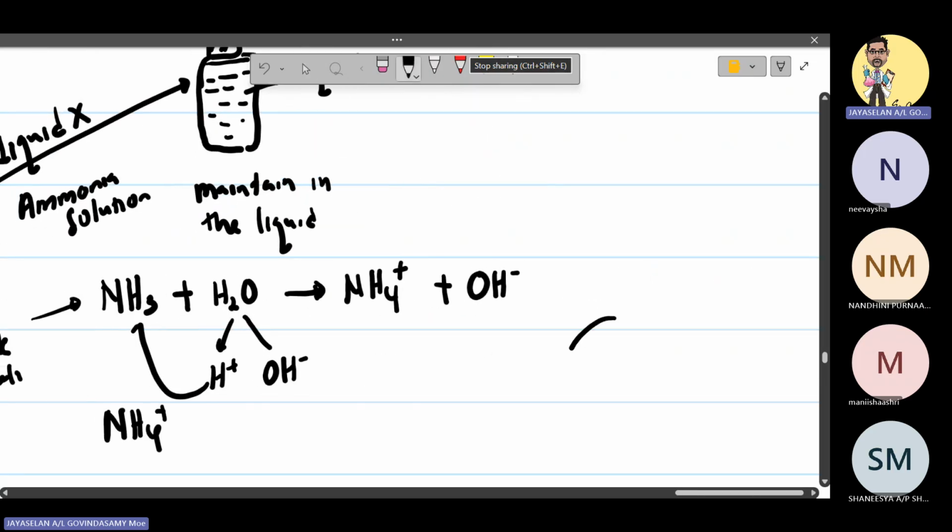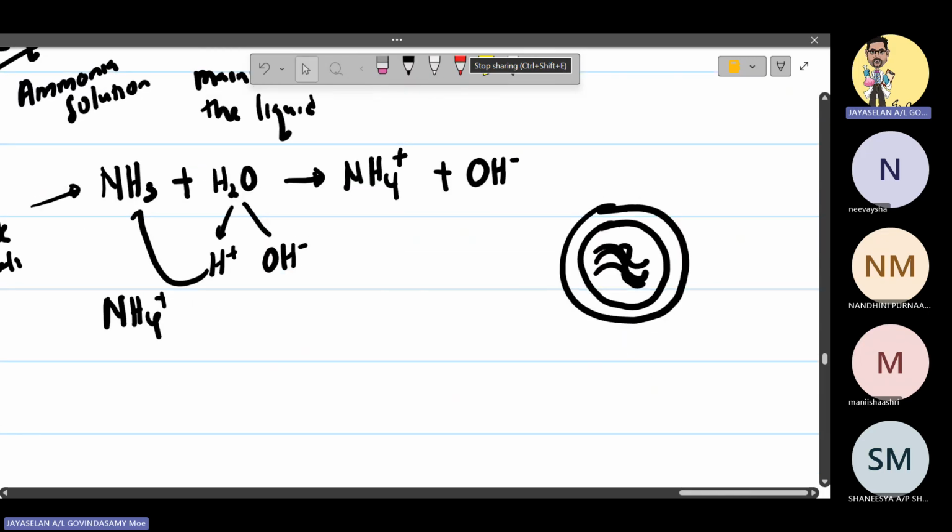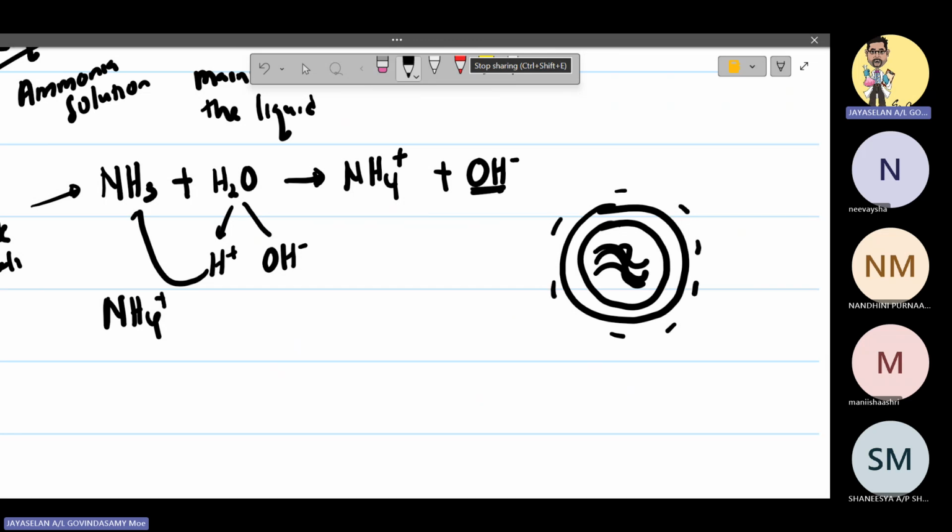So in the latex, we have protein membrane. This one is negatively charged, right? These negative charges will add more negative charges and ensure the rubber particles repel all the time and maintain in liquid form.